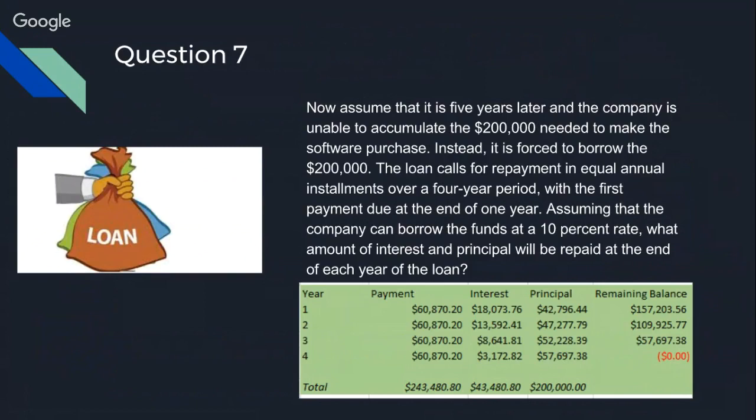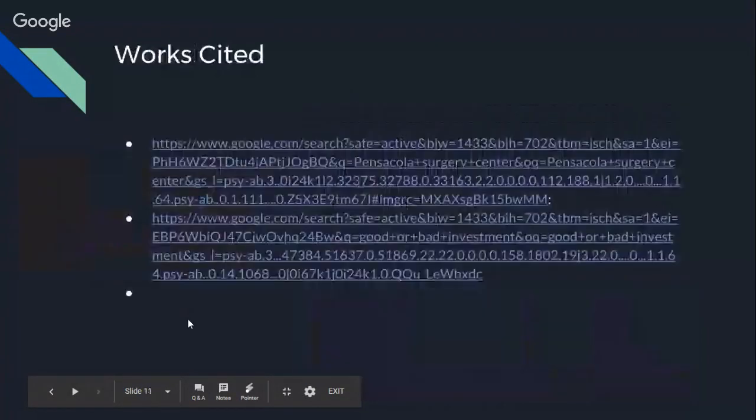Assuming that the company can borrow the funds at a 10% rate, what amount of interest and principal will be repaid at the end of each year of the loan? So this one, you just use an amortization table, and using that, you can calculate the payment per year, how much interest you're paying each year, how much principal, and then I threw in the remaining balance to show you that it does get to 0, but you pay it off in 4 years. And I even included some totals just in case you were curious.